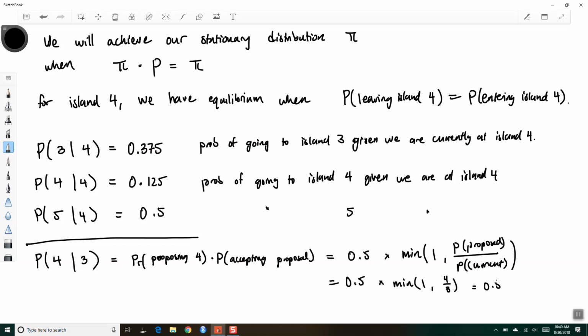So we get 0.5 times 1.5, right? So if we're at island 3, the probability of going to 4 given we are at 3 is equal to 1/2. All right? Okay, so I have all of these things listed out.